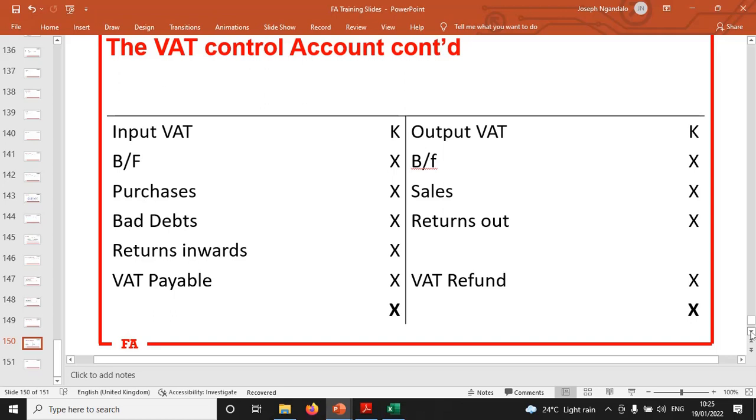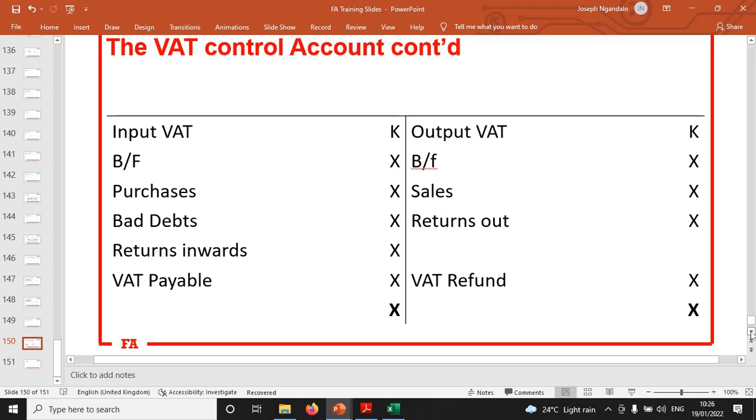You must give them evidence that in actual sense you qualify for this. You have got a tax invoice, right? You made a taxable supply. Then for the return, it's the opposite of sales. When clients return goods, we could have already paid VAT, but they will demand the full refund.